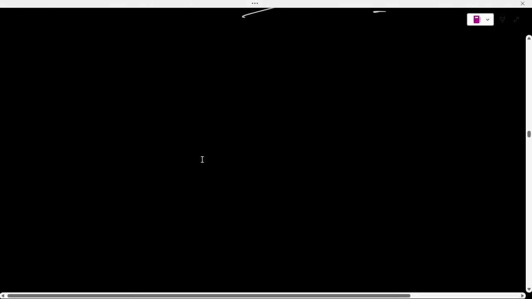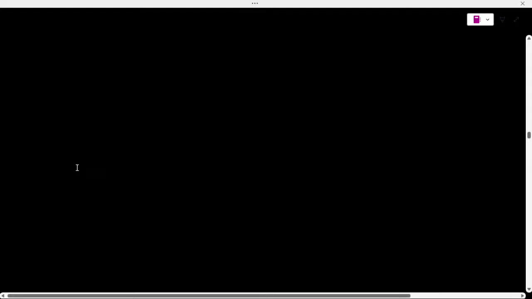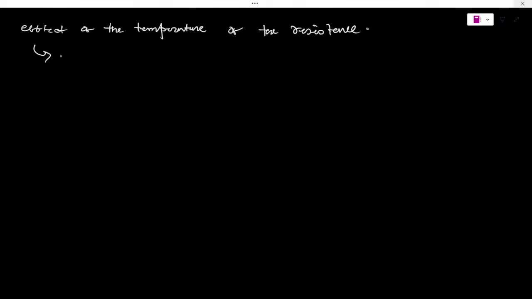The effect of temperature on resistance.